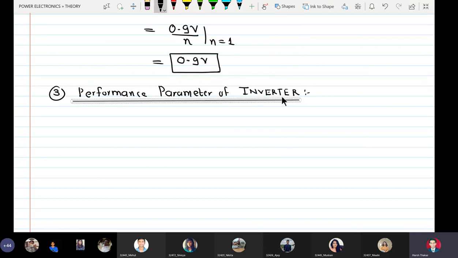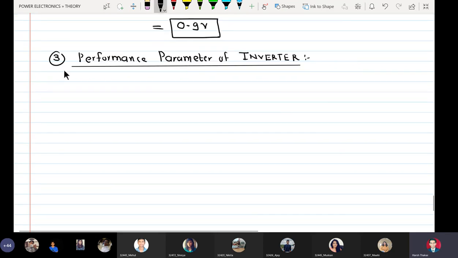Just like we had DF, PF, HF for converters, there is a different set of performance parameters for inverters, which are as follows. So first is the harmonic factor, HFN.